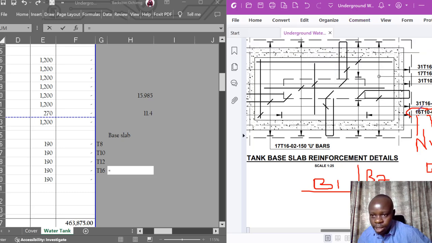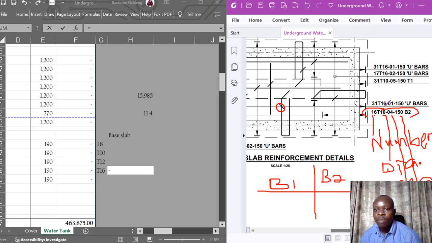In this case, when you follow it properly up to here, you find this point that has been crossed. So the reinforcement bar indicated as the U bar, the 31 T16, is this particular bar, the one that goes this way, then turns that way. So this is the U bar that has been referred to.